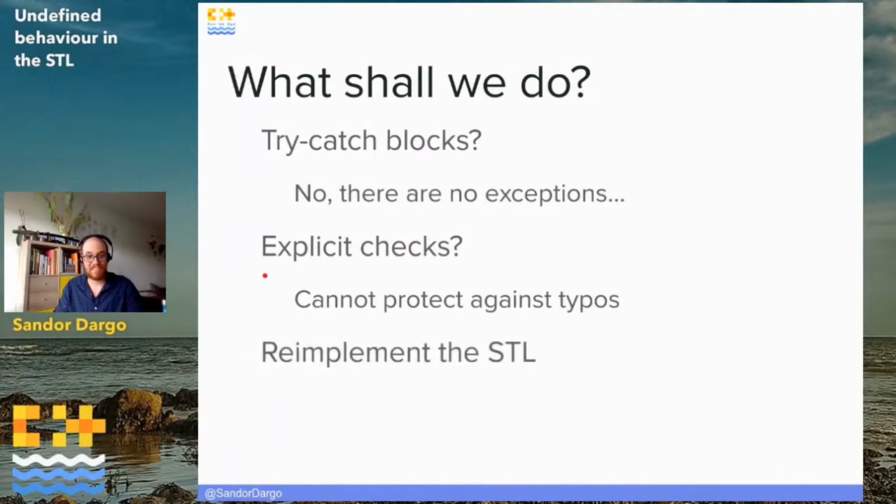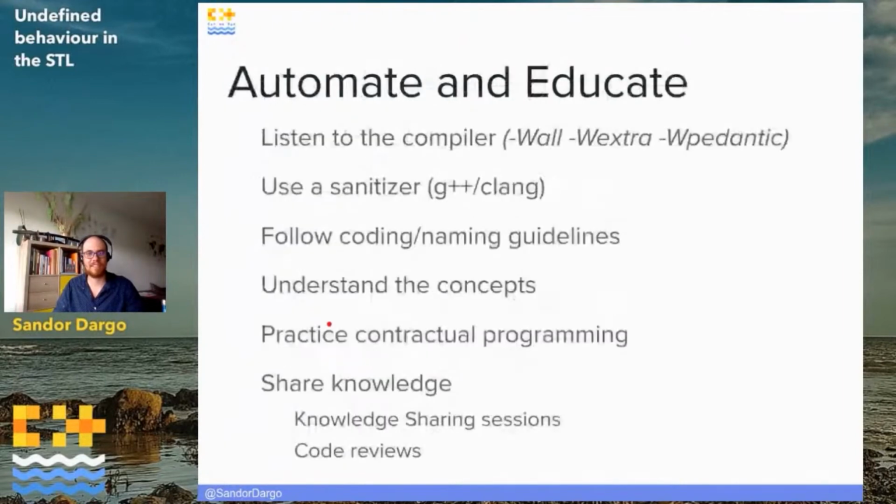Should we re-implement maybe the STL? Well, sometimes maybe that's an option. There are certain use cases, certain requirements that might make you do so. For example, you have the EASTL, mostly for the gaming industry and their requirements, but probably this is not the way you want to go.